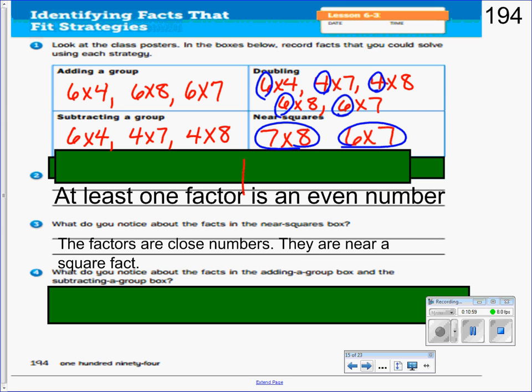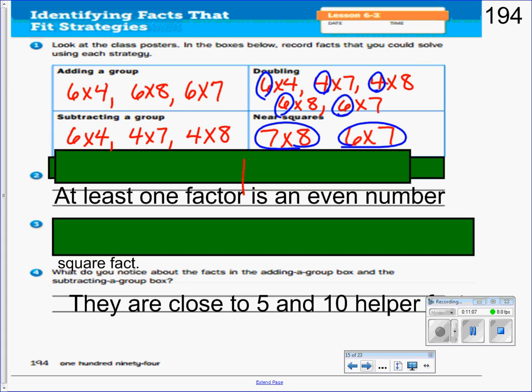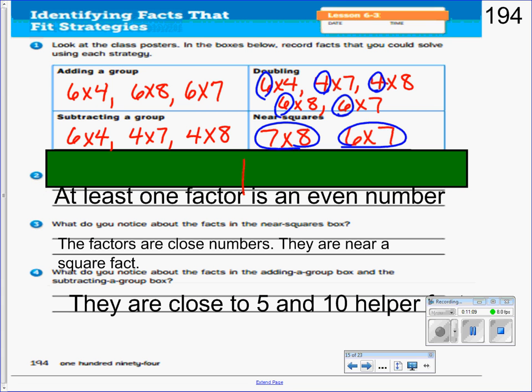And then the last one here is, what do you notice about the facts in the adding a group box and the subtracting a group box? We notice that they are close to 5 and 10, and they can be used as a helper fact.